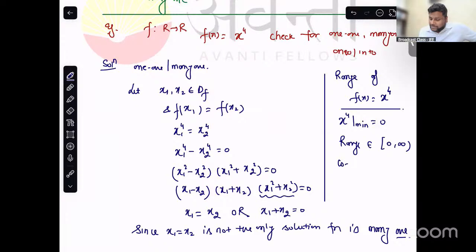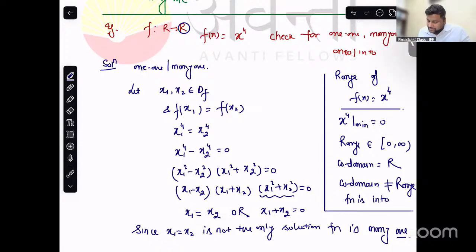Whereas the codomain given to you is R. This is your codomain. Is codomain equal to range? Codomain is not equal to range. So the function is into.